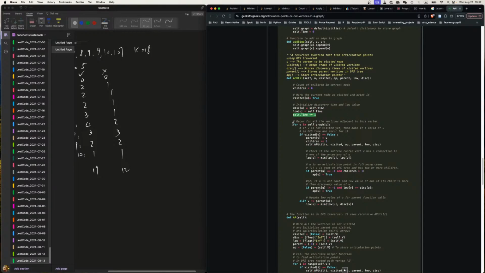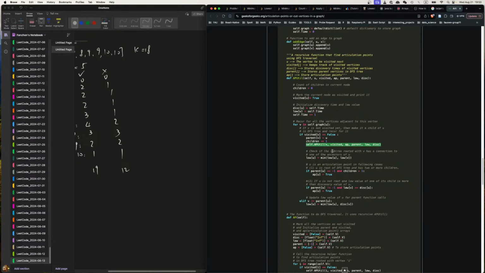So this V is adjacent. If V is not visited yet, then make it a child of U in the DFS tree and recurse from it. So V's parent is U, children plus equals 1. So U has a child, right? And we will keep going.